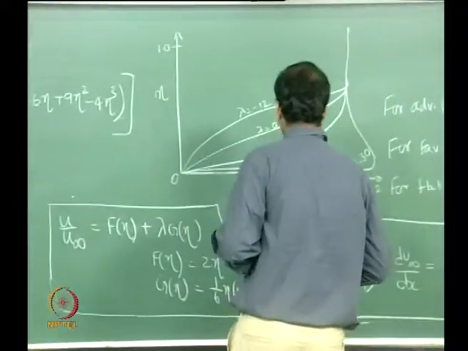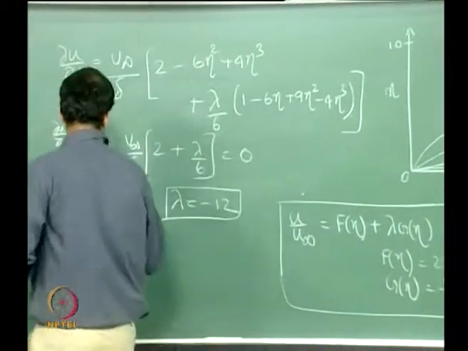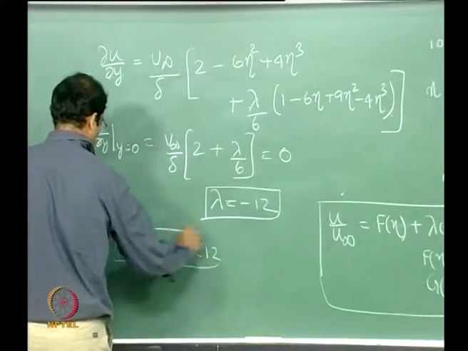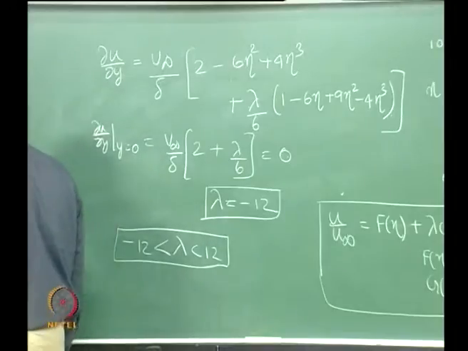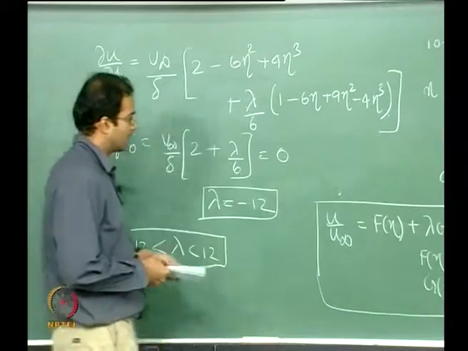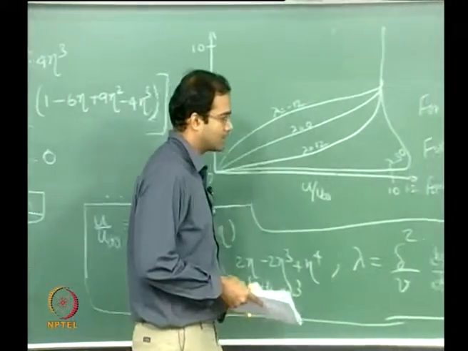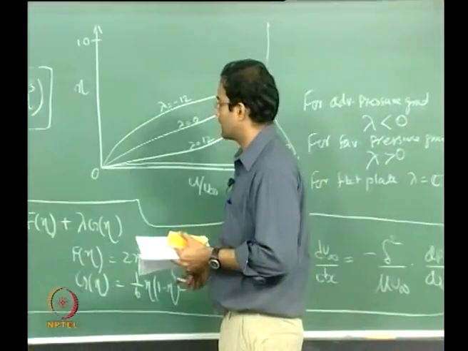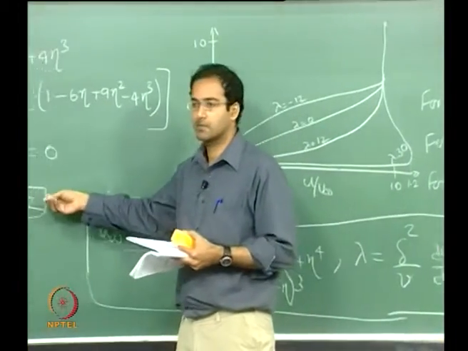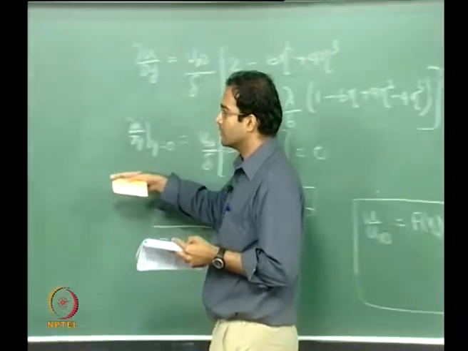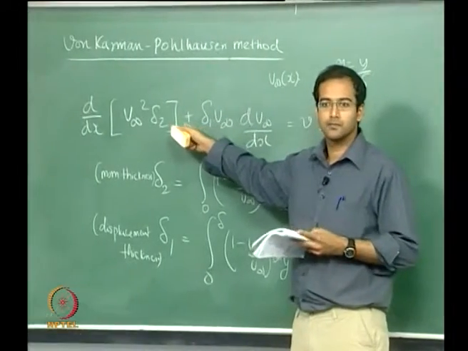Okay, so we will restrict our values of lambda to between minus 12 and 12 for most of the cases that we are interested in. Okay, so now we have estimated the approximate profile. So this is how Pohlhausen did it. He assumed a quartic profile, and then he restricted the values of lambda because this is the separation case and the other one goes non-physical beyond that, and then this profile is now substituted into the momentum integral equation.